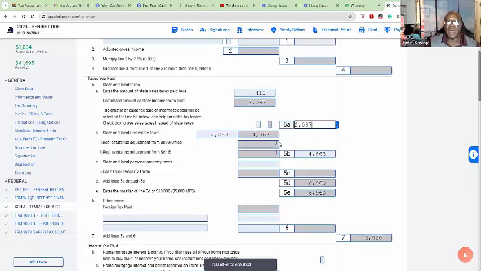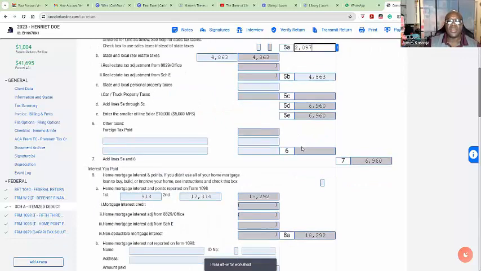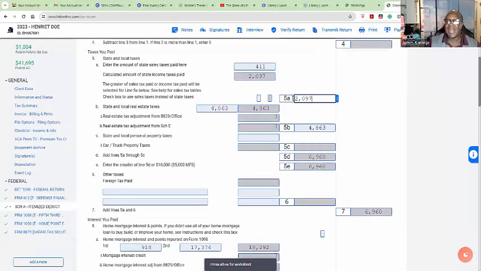Okay. Now, the state and local income tax, real estate taxes. This came from the 1098. Remember that? Remember the one that we had the real estate taxes. This is what it is, 4,863. Okay. Then when you add them up with the income tax, it comes to 6,960.